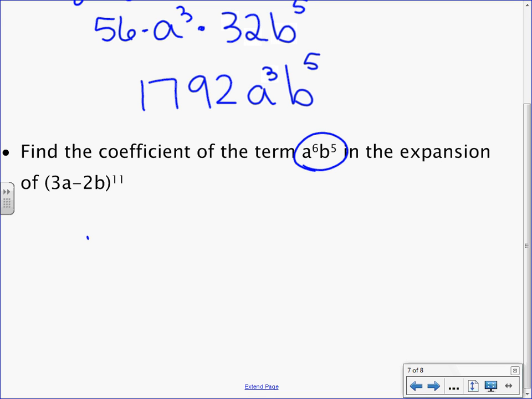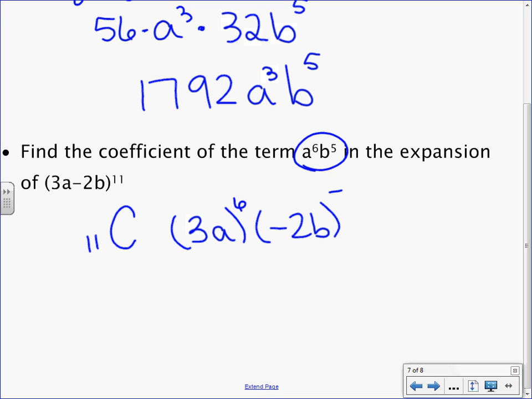We're going to have 11 combinations of something. We're going to have 3a being raised to a power and negative 2b being raised to a power. What is 3a going to be raised to? The 6th. What is negative 2b being raised to? The 5th. Which means right here we have 11 combinations of 5.